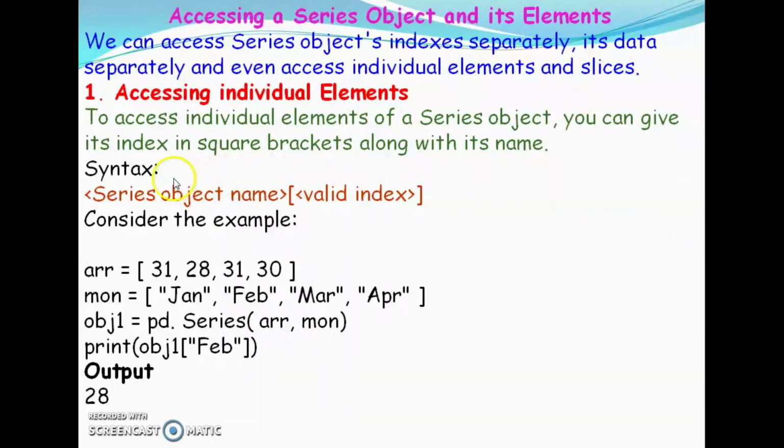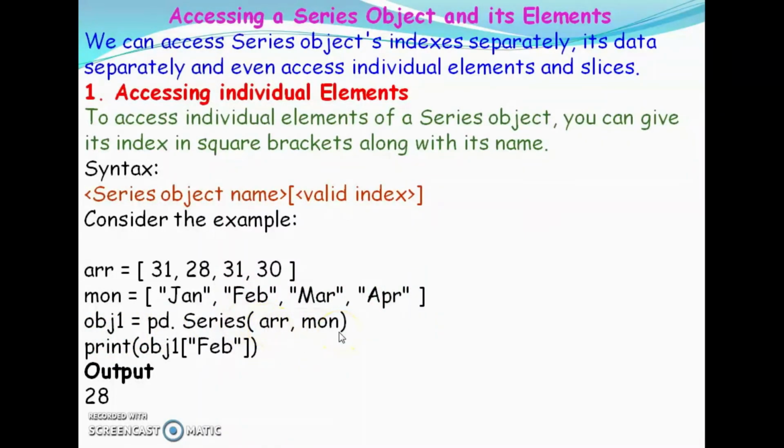The syntax is series object name, and within the square brackets, we can specify the valid index. Consider the example: ARR is equal to 31, 28, 31, 30. MON is equal to Jan, Feb, Mar, Apr. OBJ1 is equal to pd.Series(ARR, MON).